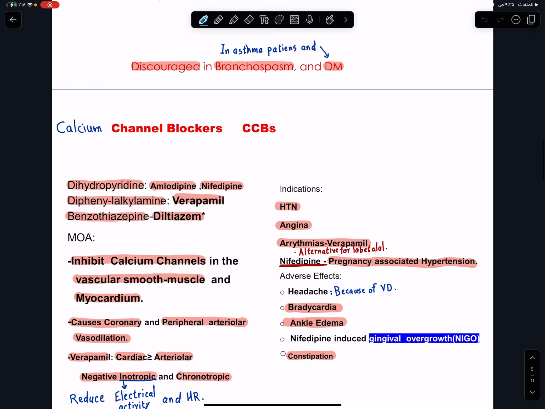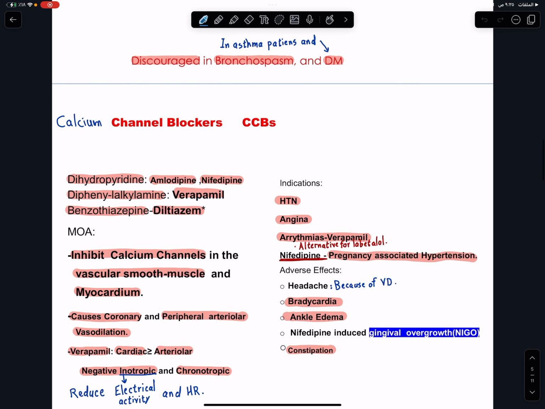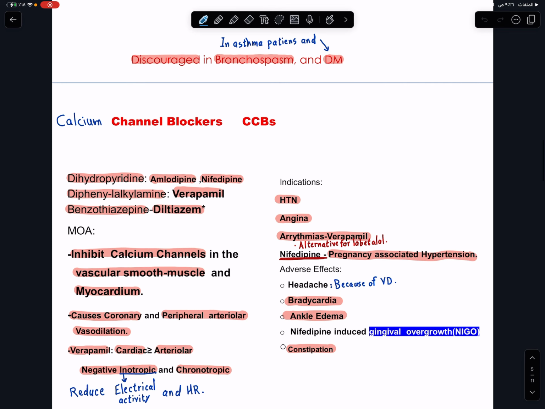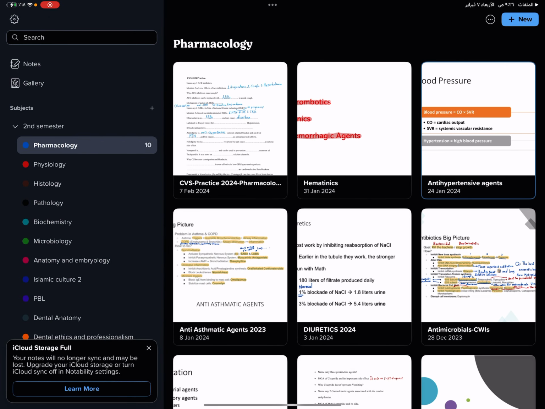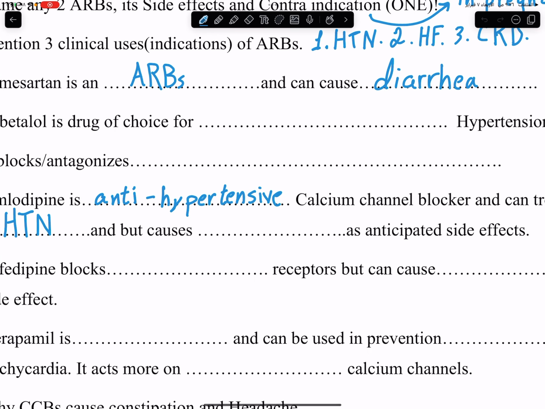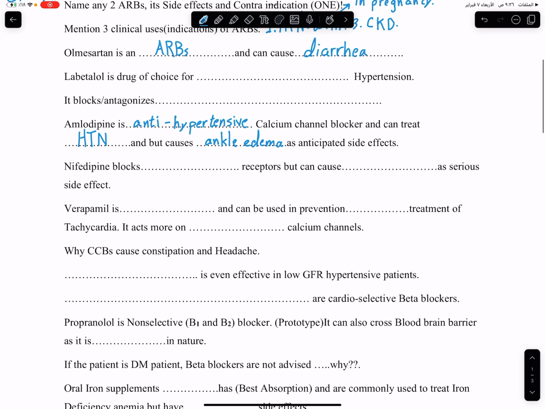But if you see in the lecture, even it is written, amlodipine causes ankle edema. That is the most important. Why? Because we discussed amlodipine is used for years by patients and otherwise very good, very effective, but mostly patients develop ankle edema. That is an anticipated side effect.